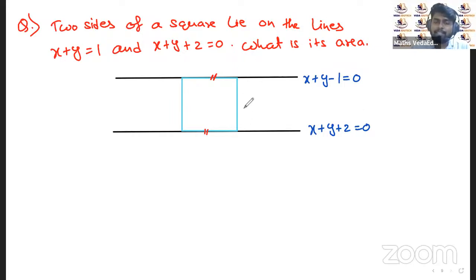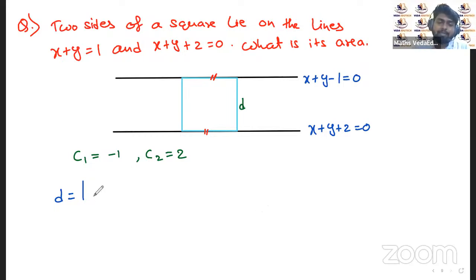Now we can find the values C1 and C2 to find the distance between these two lines. Assume the distance is d. C1 is minus 1 and C2 is plus 2. The distance between two parallel lines is C2 minus C1 divided by the square root of the sum of squares of the coefficients of x and y.